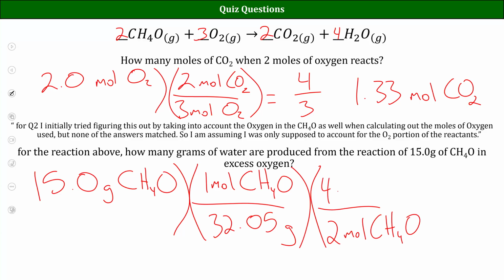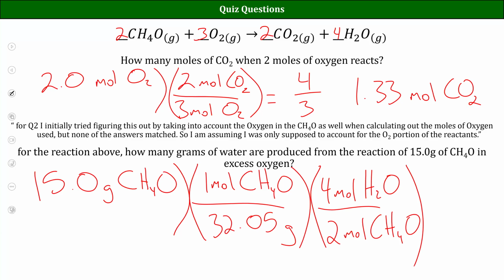So it's 4 moles H2O. So things are still canceling out just by doing multiple conversion steps at the same time. We've got our molar mass first, and then our stoichiometry step second.